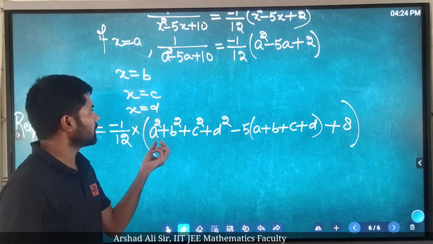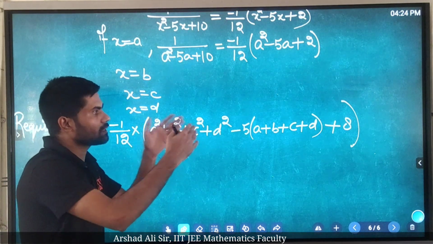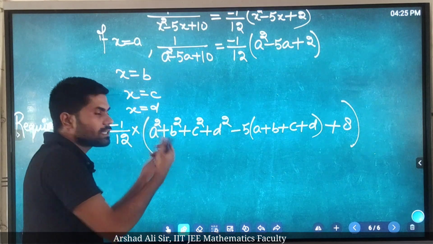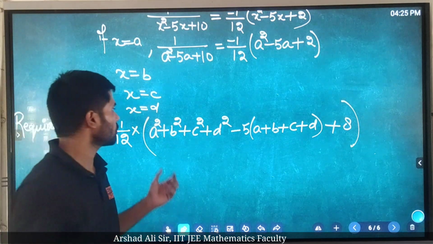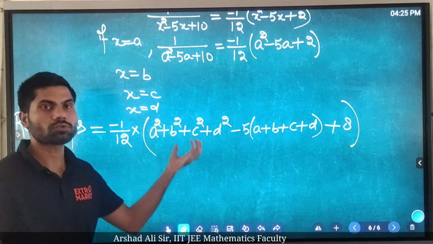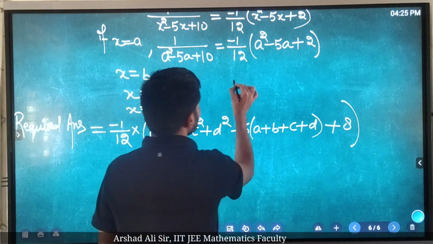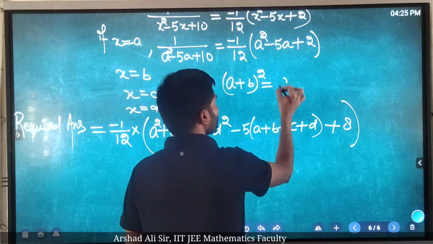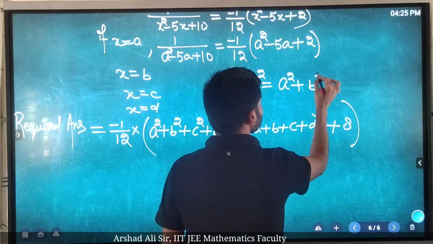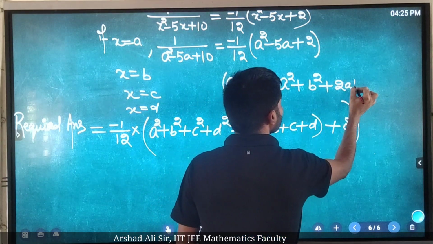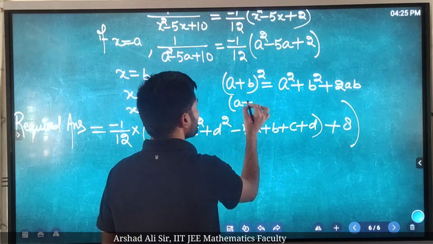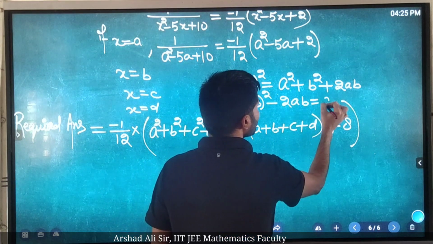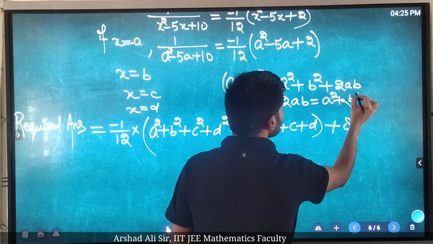Okay, so we got a square plus b square plus c square plus d square. But the problem is, we know the value of a plus b plus c plus d, the product of 2 roots and the product of 3 roots, but we don't know the sum of squares of these roots. So we can convert. Do you know the formula of a plus b whole square? It is a square plus b square plus 2ab. So a plus b whole square minus twice of ab is equal to a square plus b square.